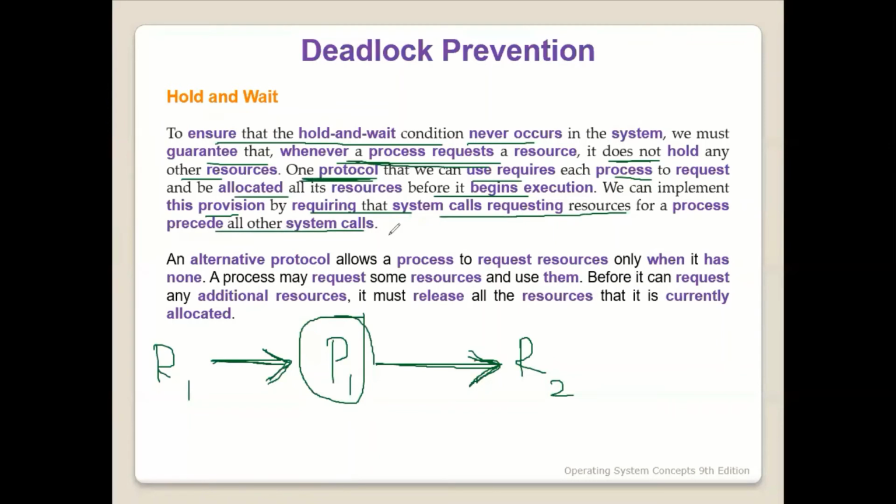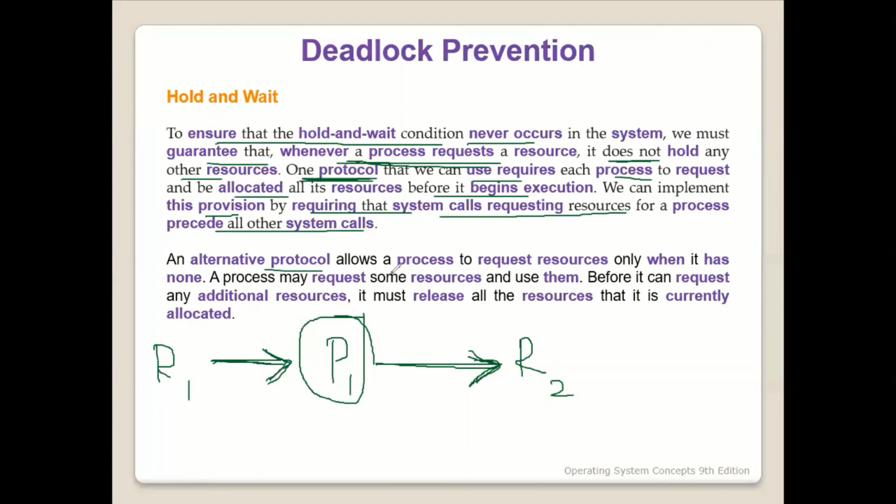Because we have many system calls: system call for execute, for wait, for move to a ready state, for requesting a resource. There are many system calls a process can issue. So the system calls that request a resource should be executed first, then other system calls will be executed. Let's go for another, alternative protocol for hold and wait.